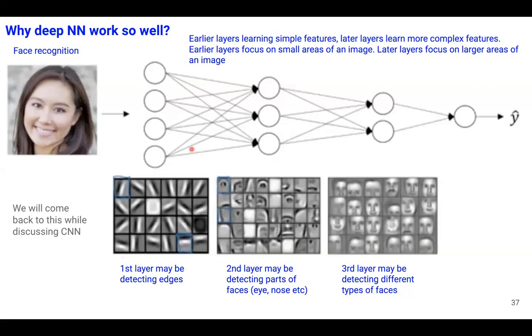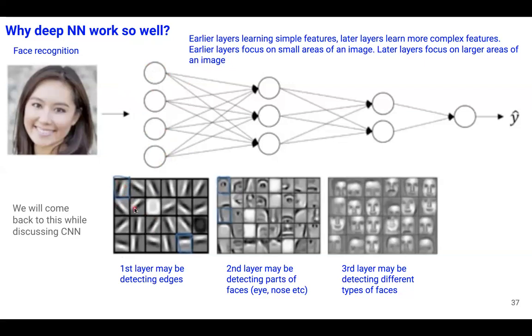So let's say you have a face recognition problem. Generally, this kind of problems are dealt with CNN, which we haven't discussed yet. But you can also do it using a DNN, deep neural network. So what it learns actually is that in the first, second, these beginning layers, it might learn to just detect the edges. So where the contrast is changing, going from dark color to white color, things like that.